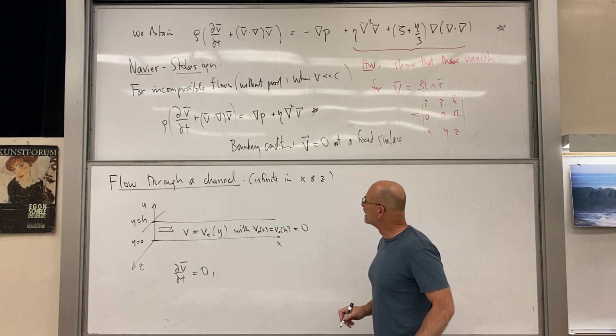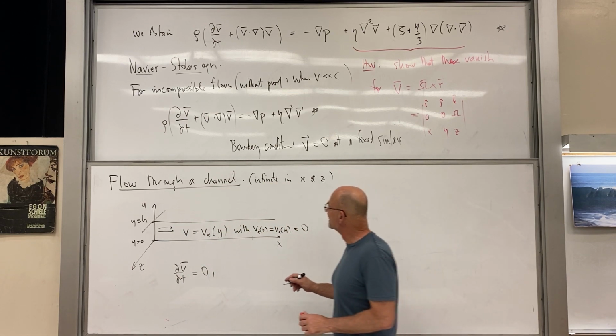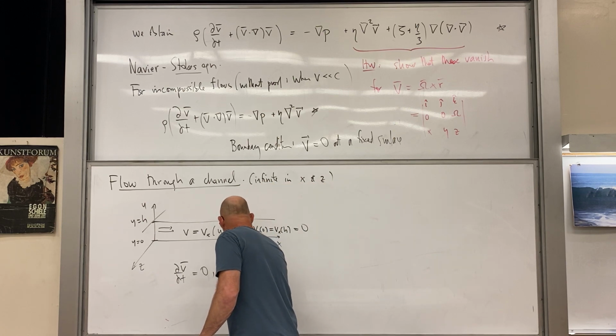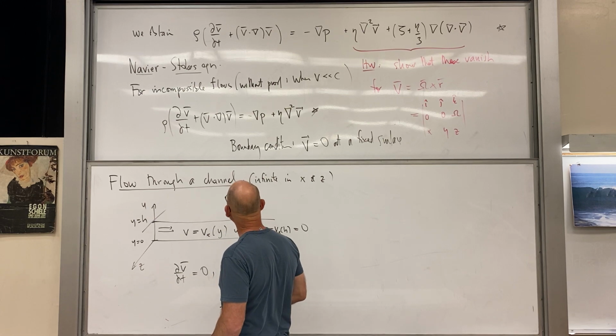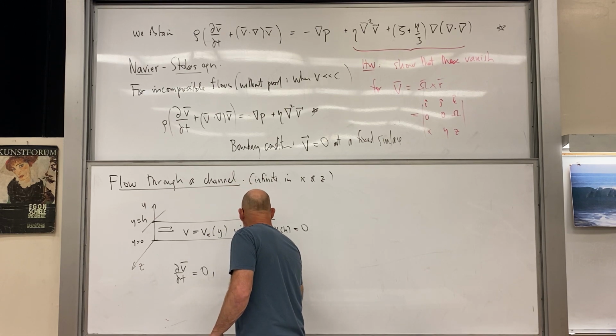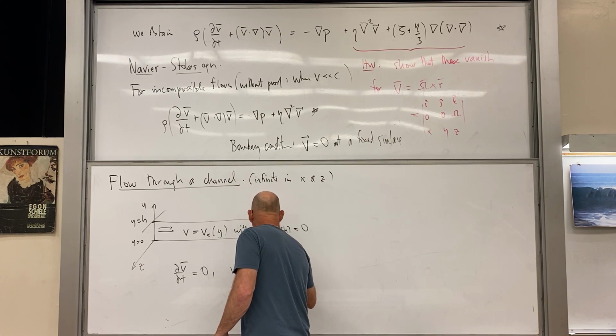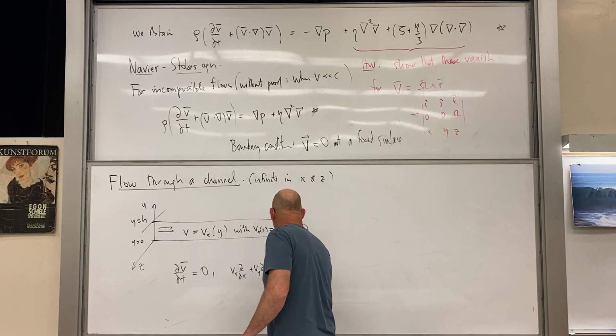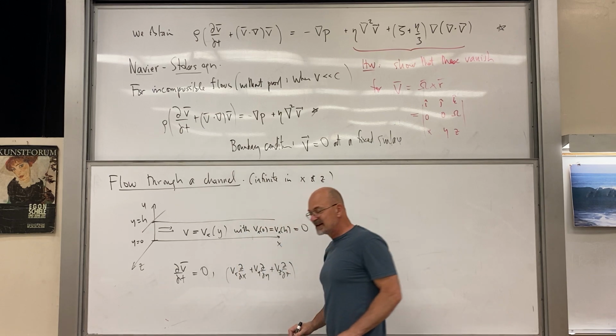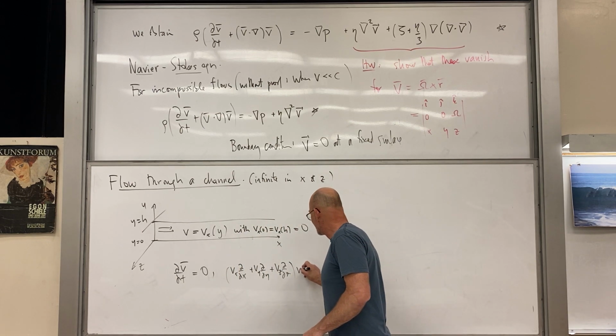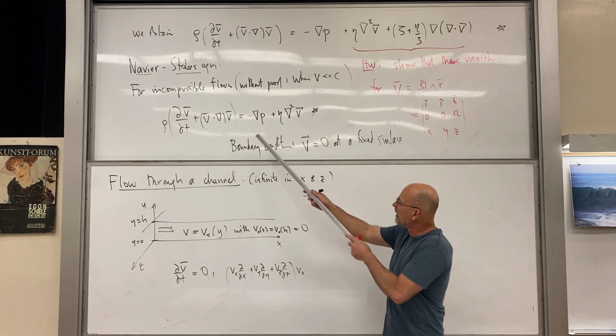Then what's left? We only have a Vx, so we can write Vx d over dx plus Vy d over dy plus Vz d over dz applied to Vx. That's all we have from this term right here.